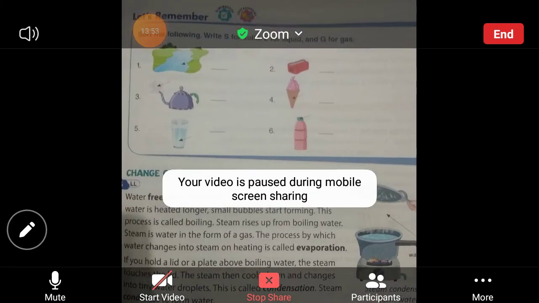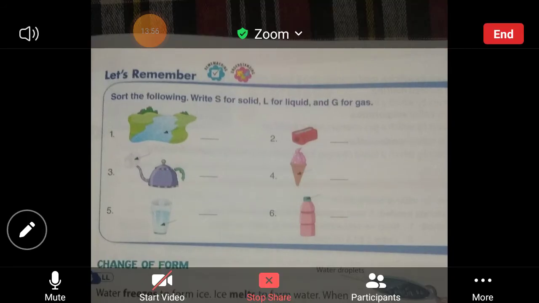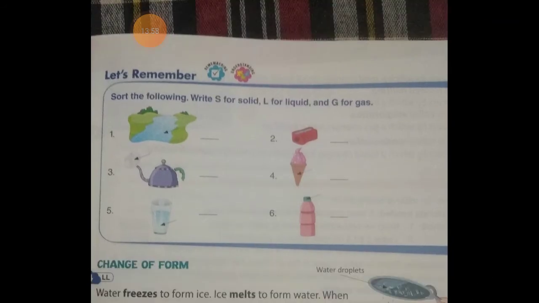So beta, these are the pictures given to you. Write S in front of the solids, L in front of the liquids, and G in front of the gases. So let's do.